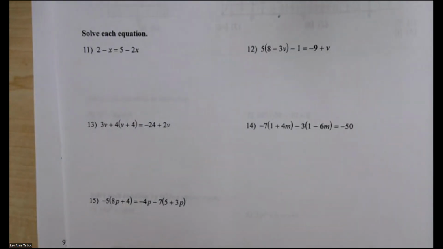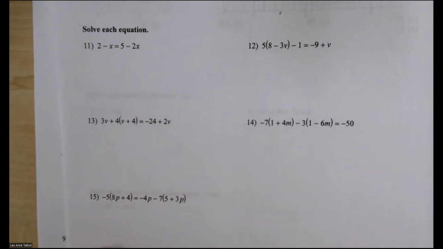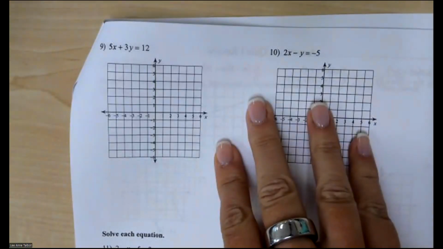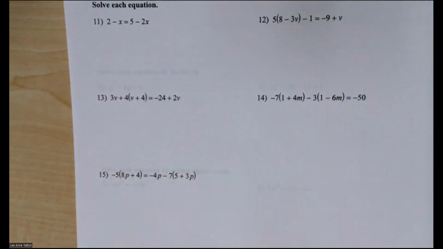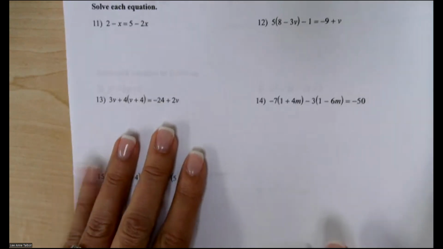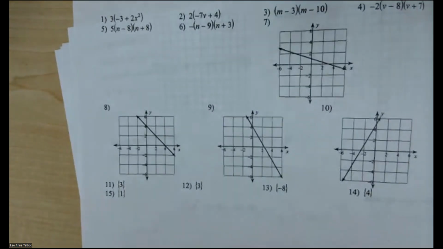Like distribute, combine like terms, undo the stuff, get the number. Notice this is tomorrow night's homework. It's factoring, graphing lines, and solving a one variable equation. So this homework is actually exactly the 3 quiz topics. And then we gave you the answers so you could make sure that you were correct before the quiz. Okay, just so you know.